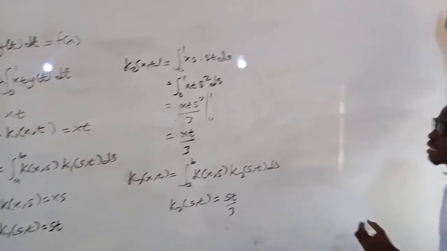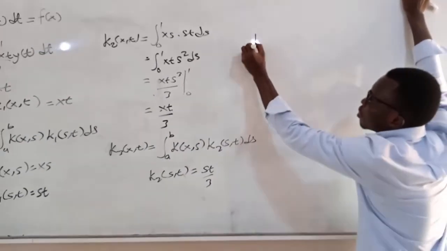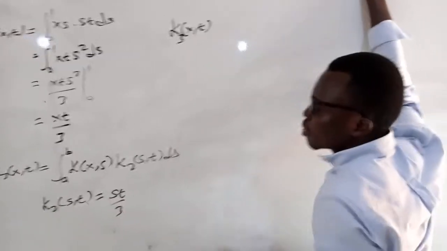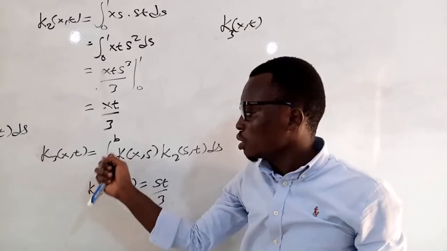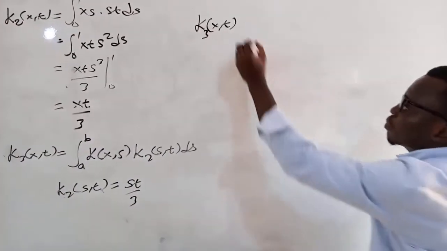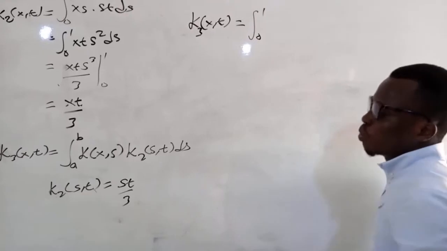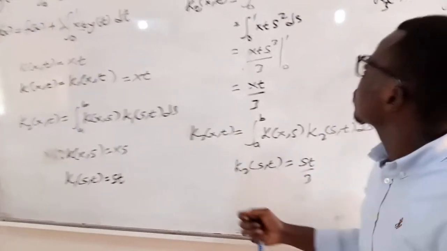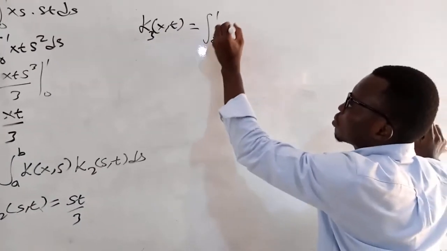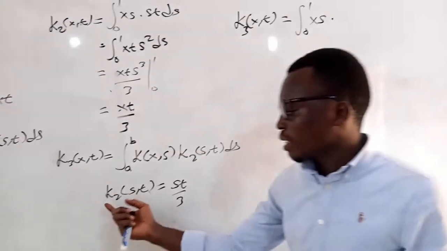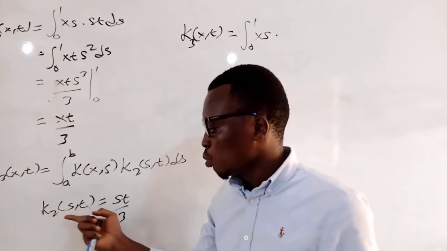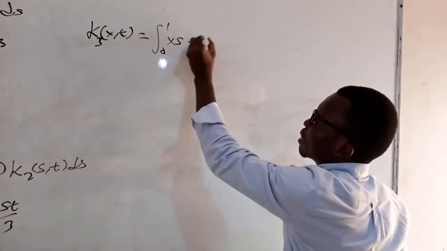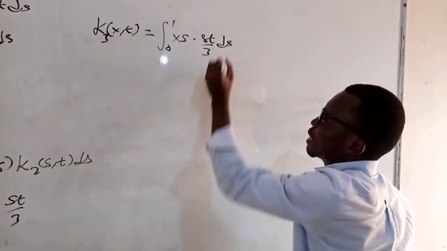I'm going to have K3 of st equal to the integral from 0 to 1, where our K1 of s, s is the same as s, times the kernel K2 of st, which is the same as st over 3, ds.